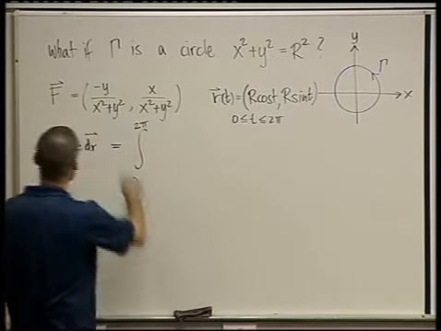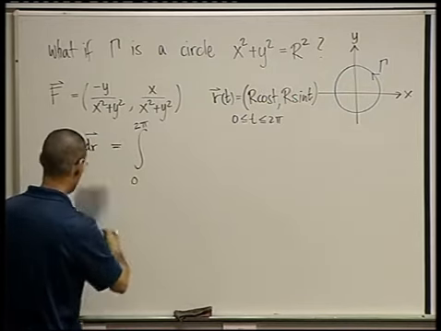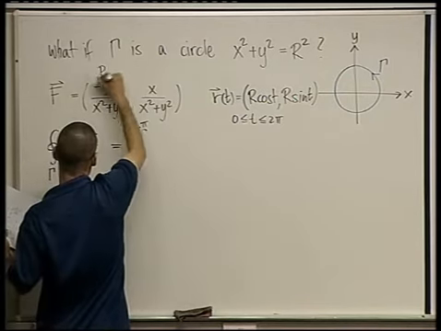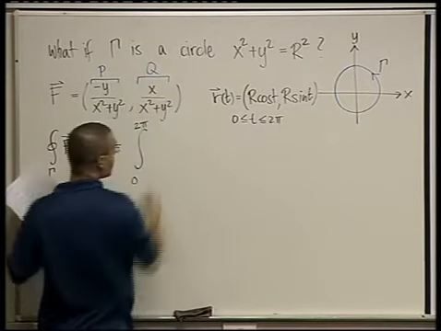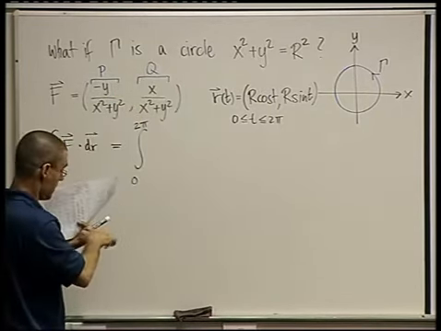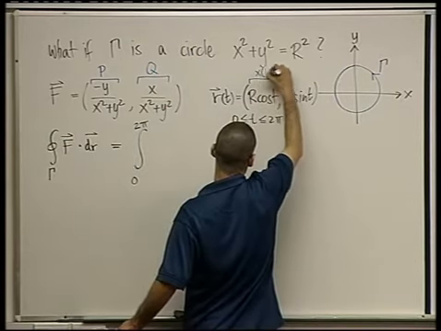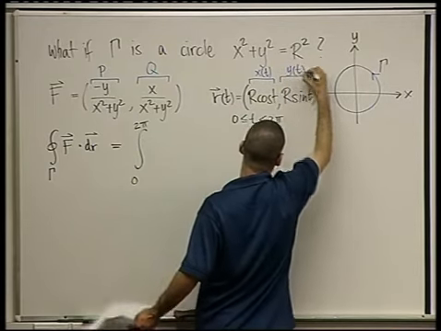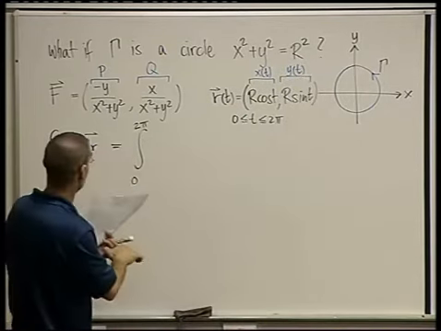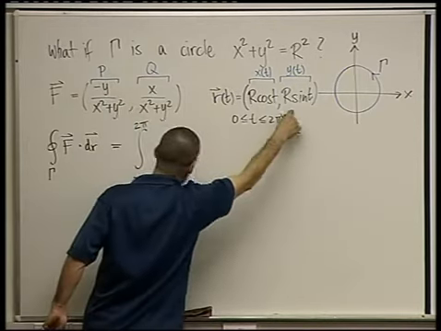So what is P? This is P. And this is Q. This is x. And this is y. So let's write all the details. P evaluated on this.